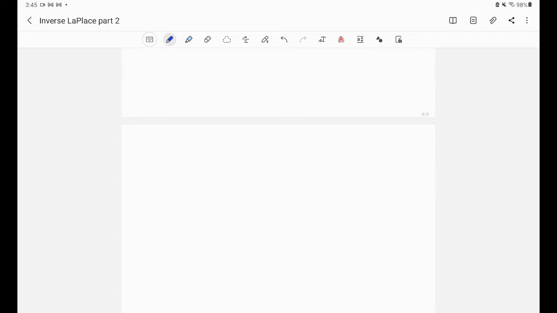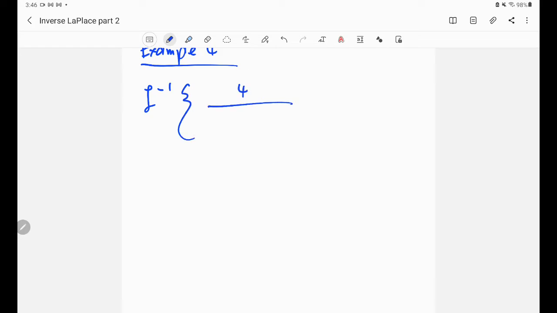So this is our next example, example 4. For example 4, we have this more complicated question. We need to find the inverse Laplace of 4 over s squared, s plus 1, s plus 2.